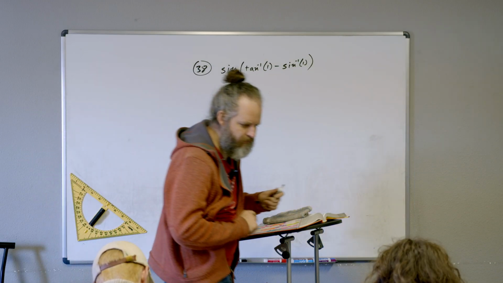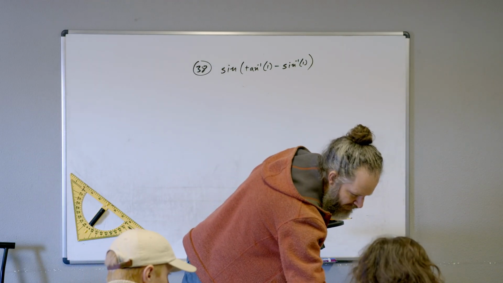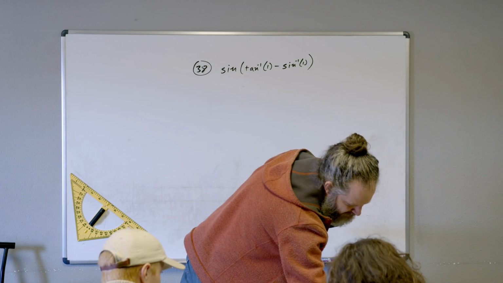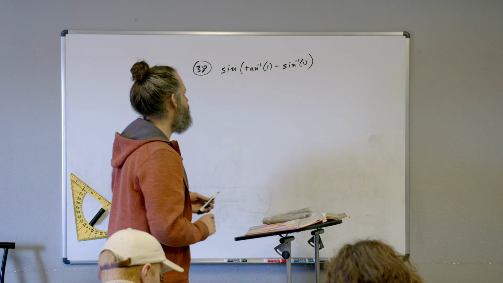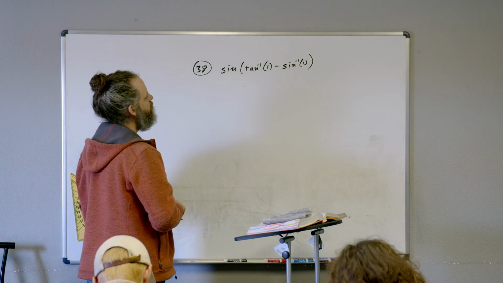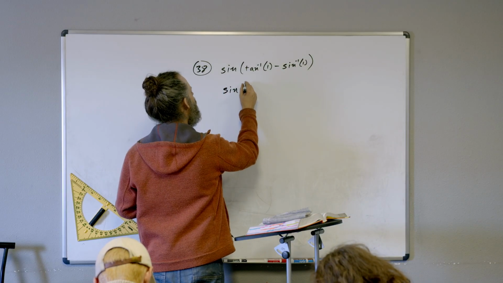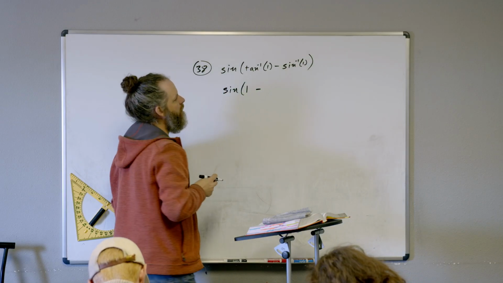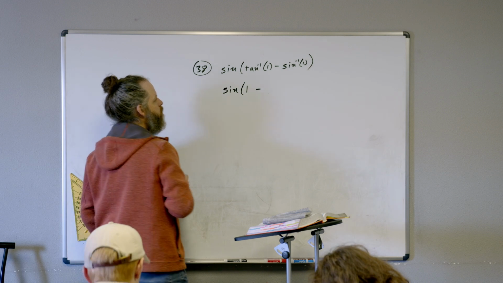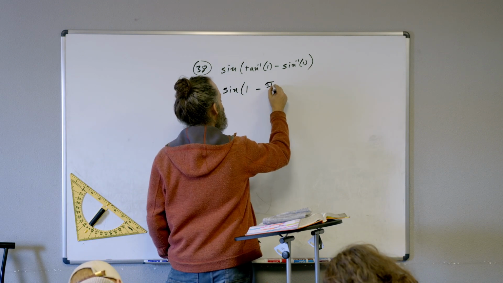I think you copied it wrong. Looks like you wrote 1/2. Because remember it's sine over cosine, so it's this over this, which would be 1. So the sine of 1 minus pi over 2.